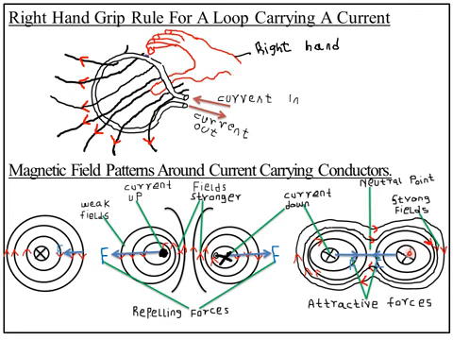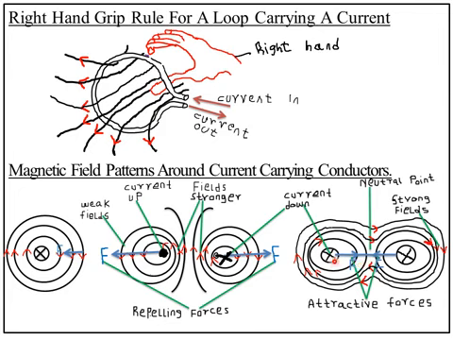Downwards means towards the direction of the current, and I realize that my fingers are curling in this direction. So this direction represents the direction of the magnetic field.